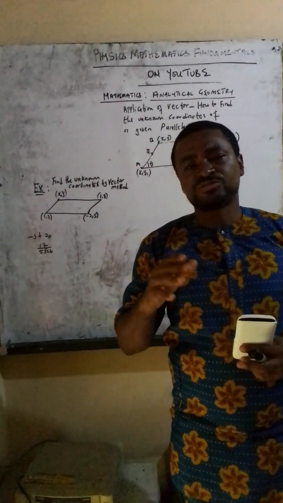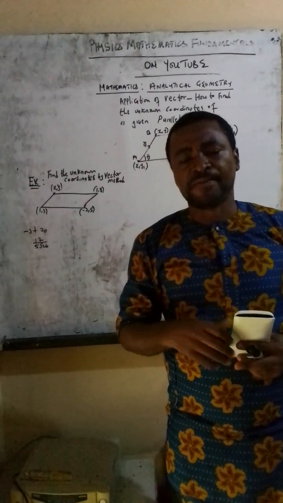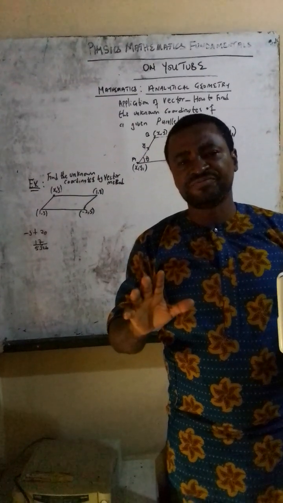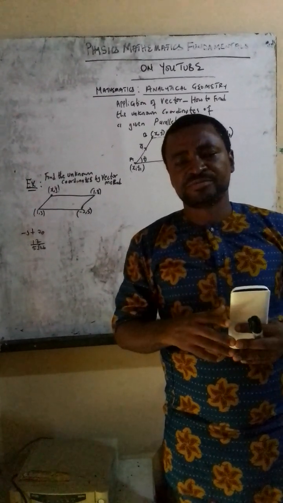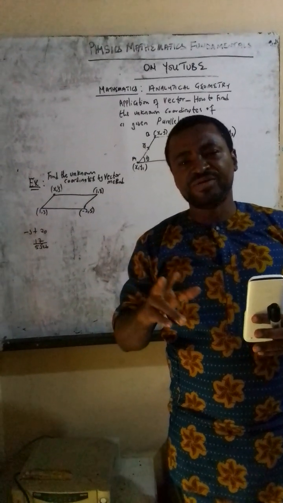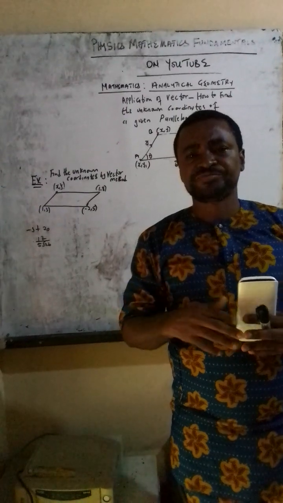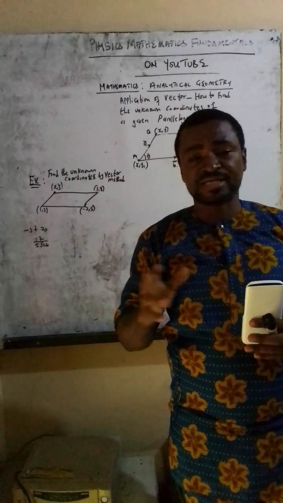Case 2 is to find the unknown coordinates in a given parallelogram. So I'm going to introduce us first in the first video on the derivation of related formula. Then the subsequent video will also dwell on how to use this formula to solve some exercise. So we are starting now.